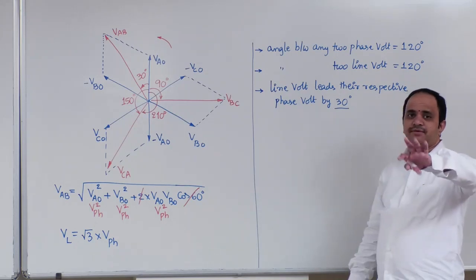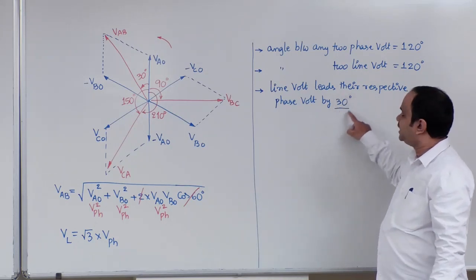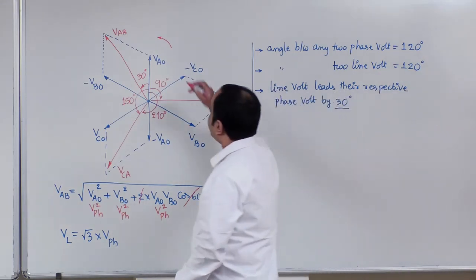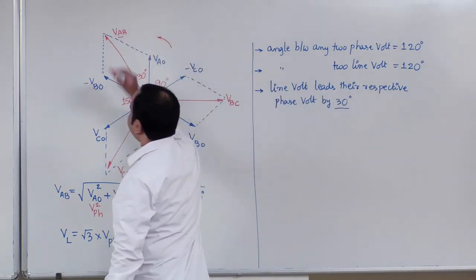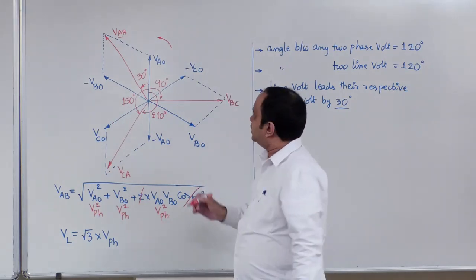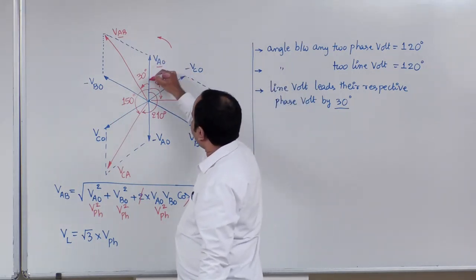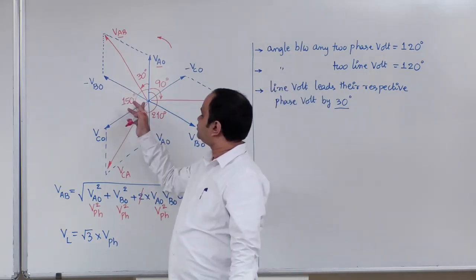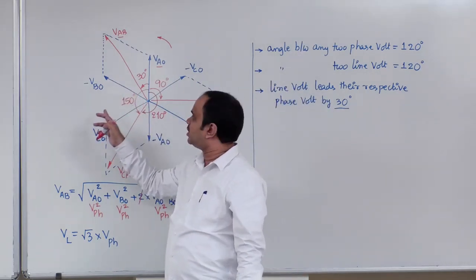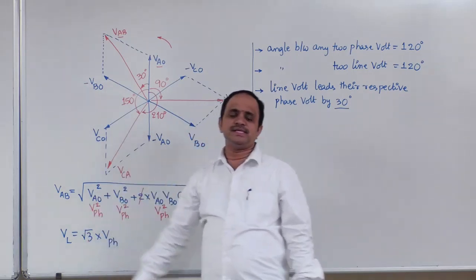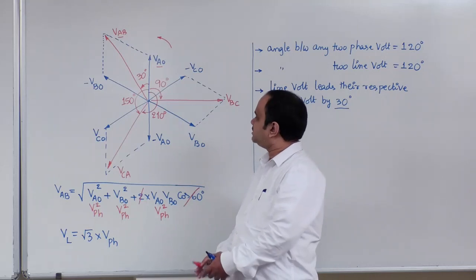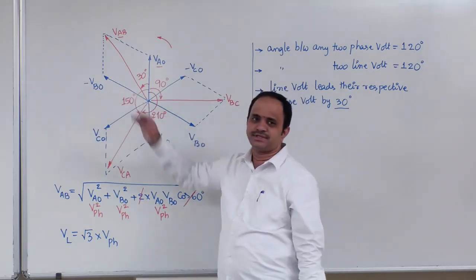Going forward in the rectifier analysis, this 30 degrees is very critical. Now let us see that statement. The AB phasor leads the AO phasor by 30 degrees. You should not refer with respect to minus VBO. Why? Because minus VBO is not the original phasor. Just for calculation purposes, it is an extended version.